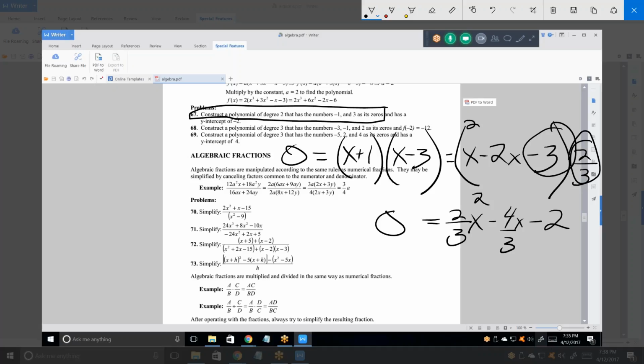Well, 2/3 times 0 is still 0. So I still get the answer they're looking for is equal to 0. In other words, the zeros of that polynomial are still -1 and 3. You don't change the zeros of a polynomial by multiplying it by a constant. The zeros stay the same.